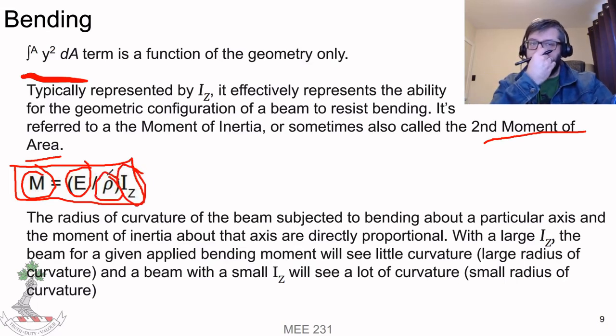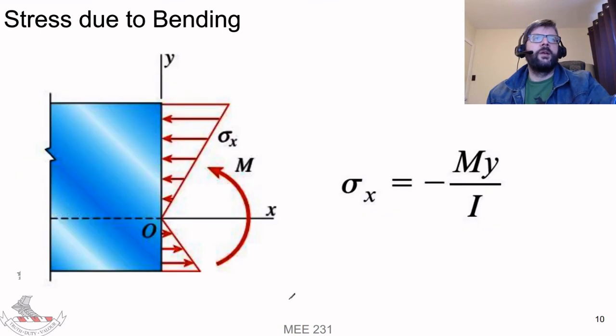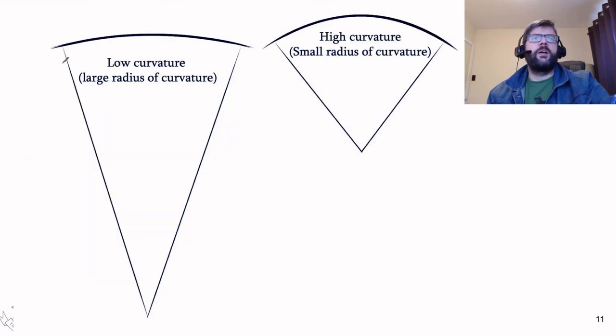If you subject a beam to a particular bending moment, and you have a large Iz, then you're going to get a larger radius of curvature, which means that the curvature is less. If you have a large radius of curvature, it's not curving as much, whereas if you have a smaller radius of curvature, then it's curving a lot.